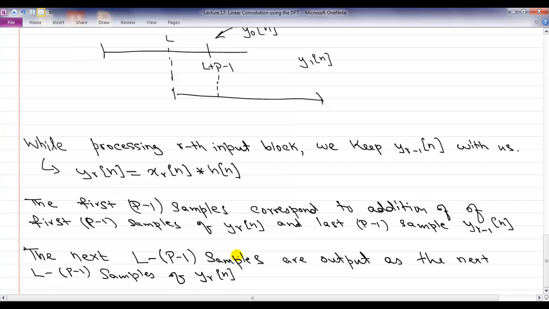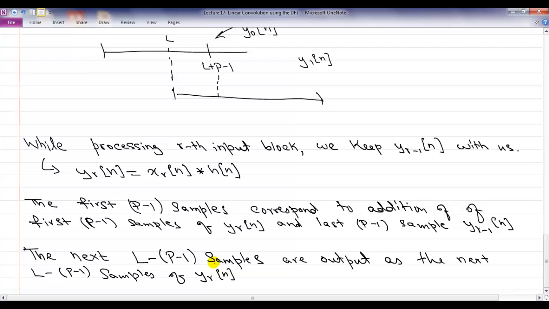And then you stop. So in total, how many samples have you output? You first output P minus 1 samples plus L minus P minus 1, so in total you have output L samples. You got L input samples, you output L output samples.